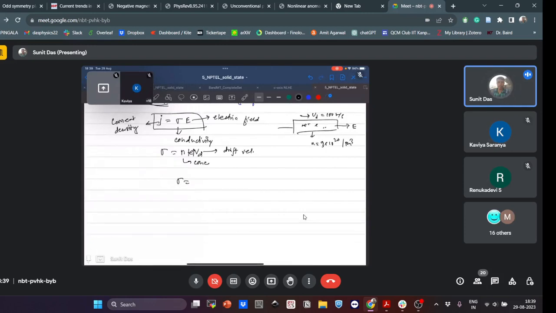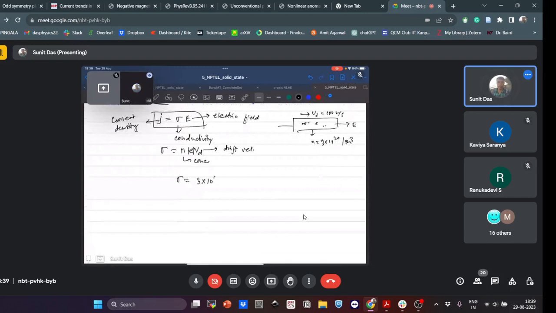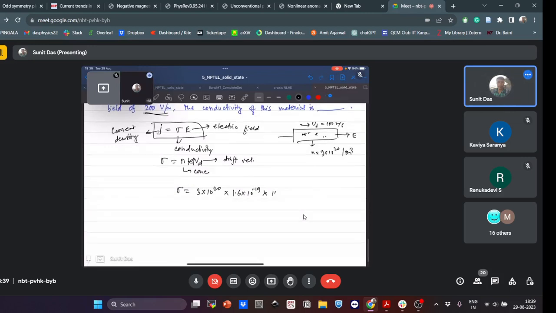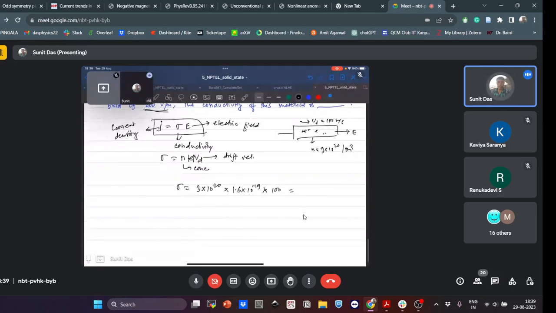So N will be 3 into 10 to the power 20, the electronic charge 1.6 into 10 to the power minus 19, and drift velocity will be 100 meter per second. Okay, so if we found this, I actually have to calculate.